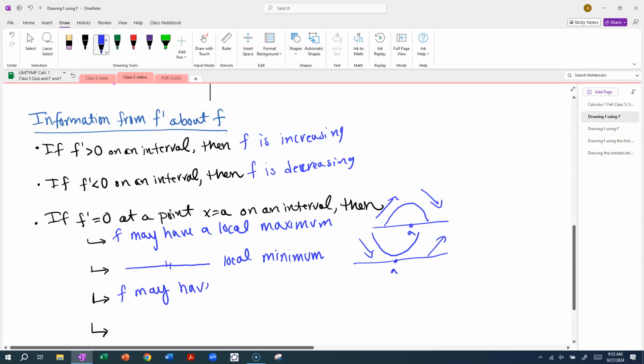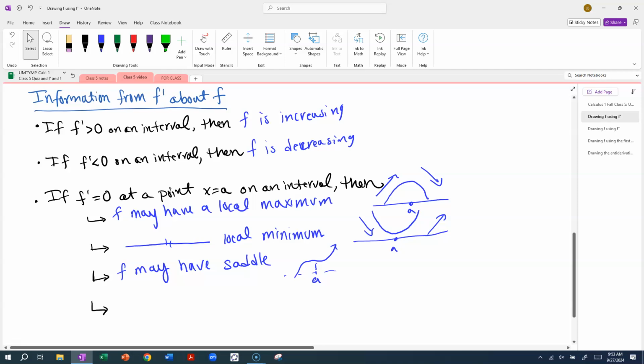It may have what we call a saddle. And so what we would see there is that it would go something like this at A. It would increase, stop, and increase again, or decrease, stop, and decrease. Or in the fourth case that we saw, f may be constant. And that's what happened at the end of our graph.